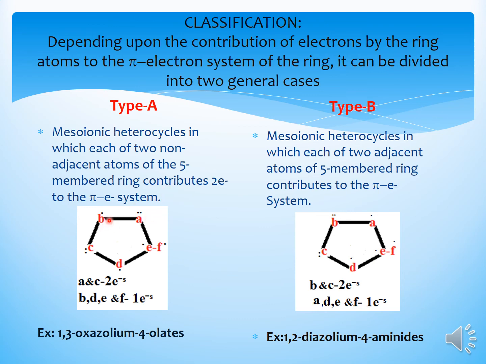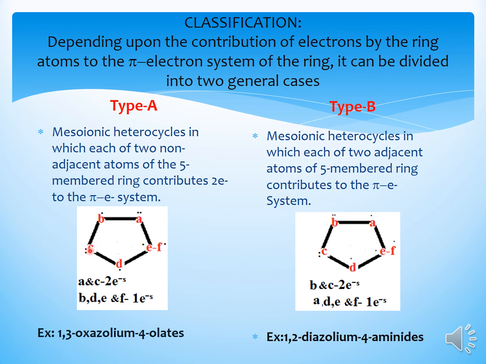Here, if you see B and C, 2 electrons, 1 electron is over here. These are non-adjacent atoms of the 5-membered ring which will contribute 2 electrons to the pi electron system. So if you consider C and A, they will act as non-adjacent.